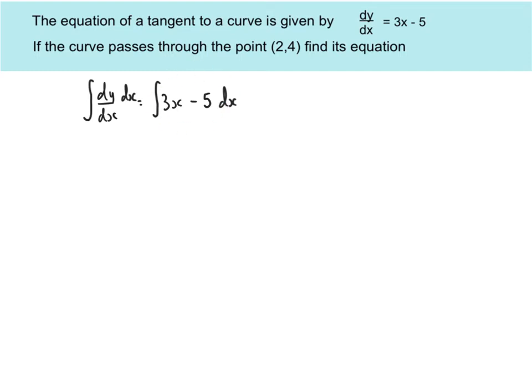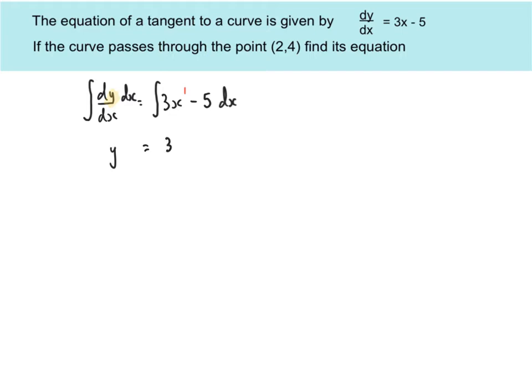Now, if I integrate a derivative, it takes me back to the original thing. So that is going to leave me with just y. So y equals, I need to integrate 3x, so that is 3x to the power of 1.